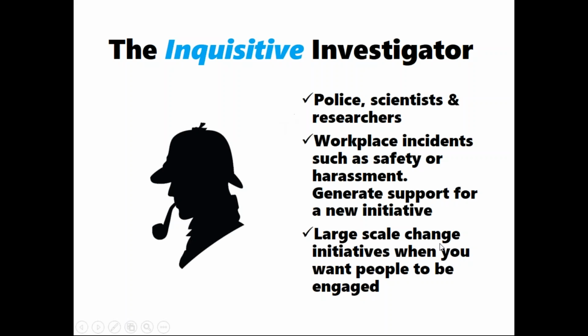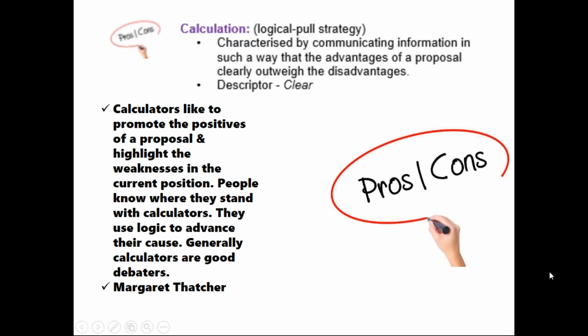So investigation is one of the 4 strategies, and if we look at the next strategy, and this is going across the model, the commonality between the calculation strategy and the investigation strategy is that they both use logic, but the investigation is more of a push, whereas the calculation is more of a pull.